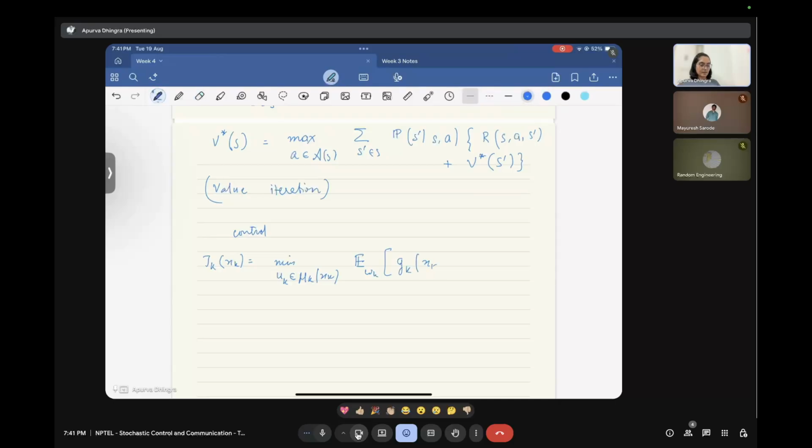This is gk, some cost function at time k, which depends on xk, uk and wk. And what we add is the previous iterate, or whatever happened at the previous time step. And we use the dynamics of the problem to write down how to get to the next state.